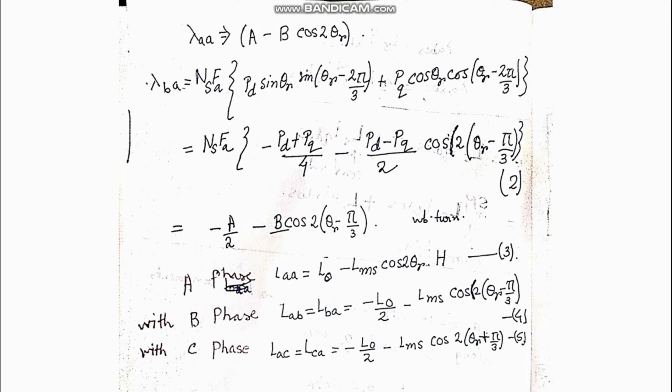It has nothing to do with your rotor position, and that is how we are getting LAB equal to LBA, and also LAC equal to LCA, and accordingly we are getting the remaining terms, right?